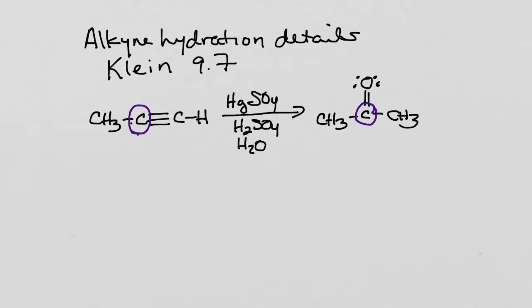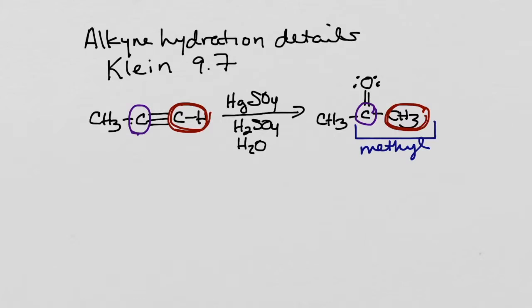And then the less substituted carbon is going to be the one that picks up the hydrogens and gives us the CH3. Since we're doing this on a terminal alkyne, no matter what, we're going to make what we call a methyl ketone, because the ketone has a methyl group on one side. This is a methyl ketone.